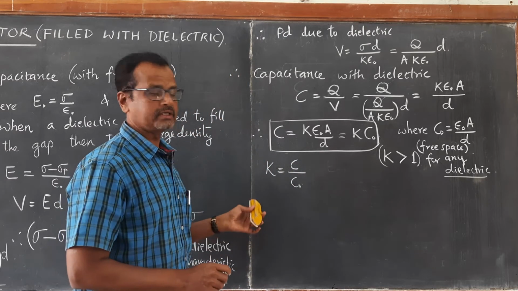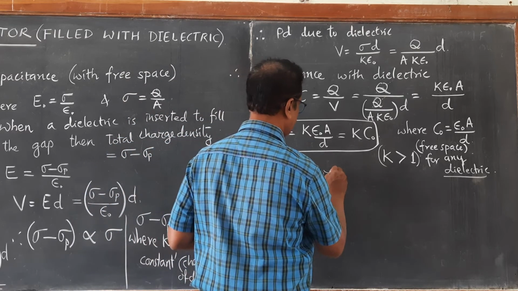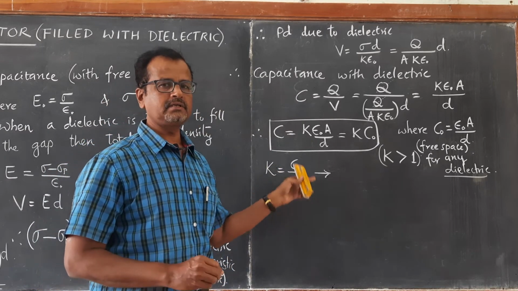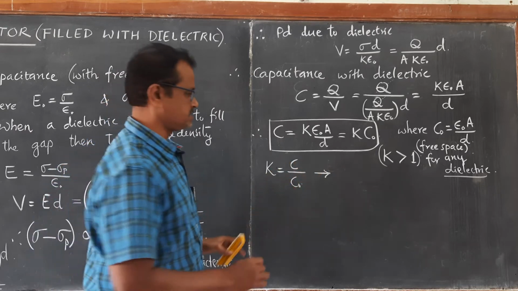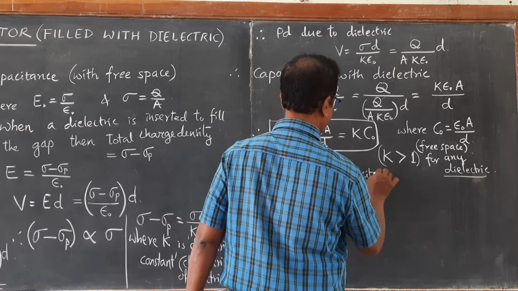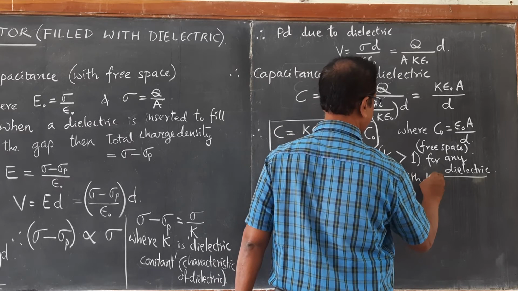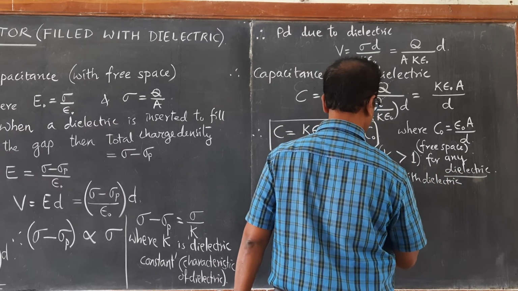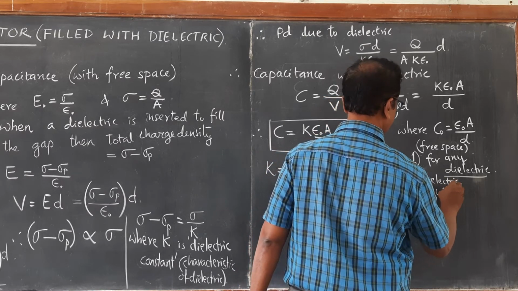So, dielectric constant K is now defined as the ratio of the capacitance of the capacitor with dielectric to the capacitance with free space.